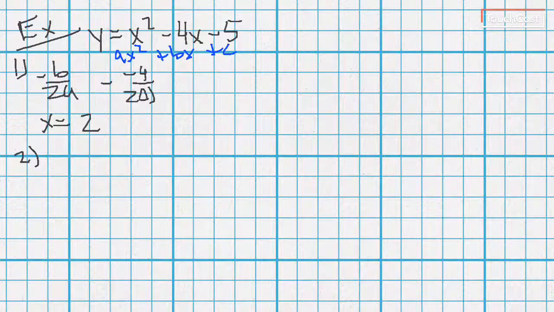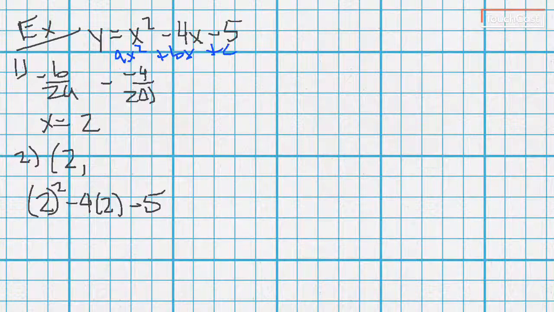Our second step is to find the vertex. So we're going to take 2 from our axis of symmetry for the x value, and then we're going to plug 2 in to our equation. So we're going to go 2 squared minus 4 times 2 minus 5.